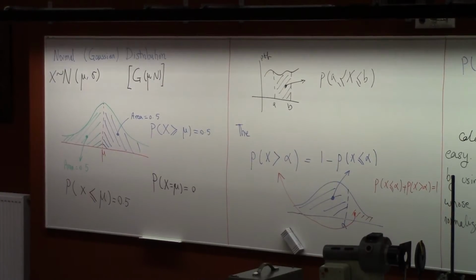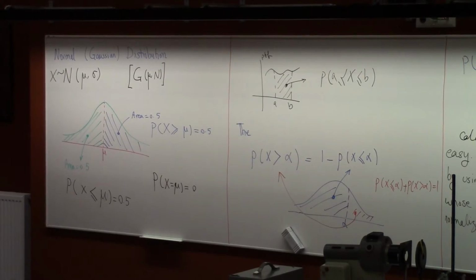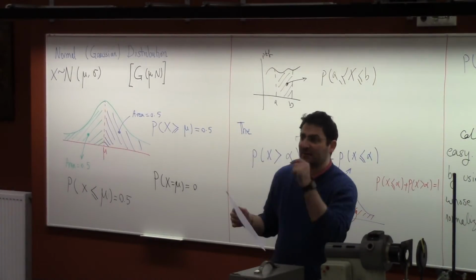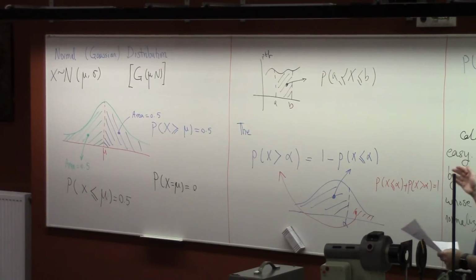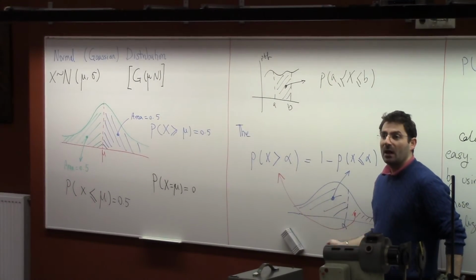So they call it normalized Gaussian distribution or a standard normal distribution. So we have a table which can tell us the result of this integral from minus infinity to alpha.